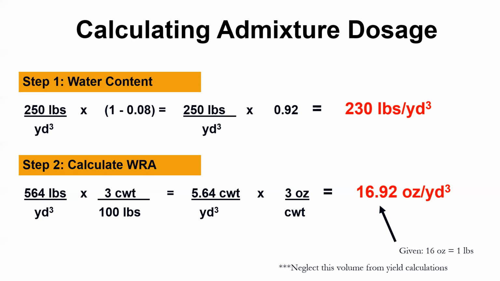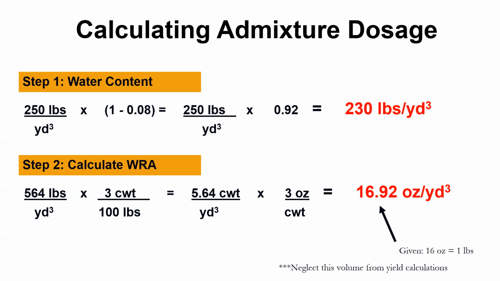So this is another way of doing it. So I divide it out here, take 100 pounds out of that 564, so 5.64 times 3. So 13.92 ounces per yard. So that's actually what you batch that admixture at per yard.